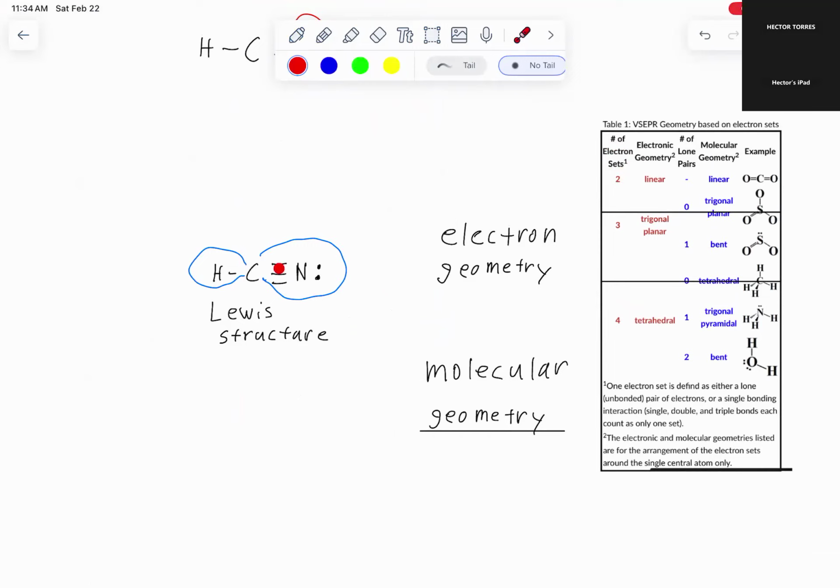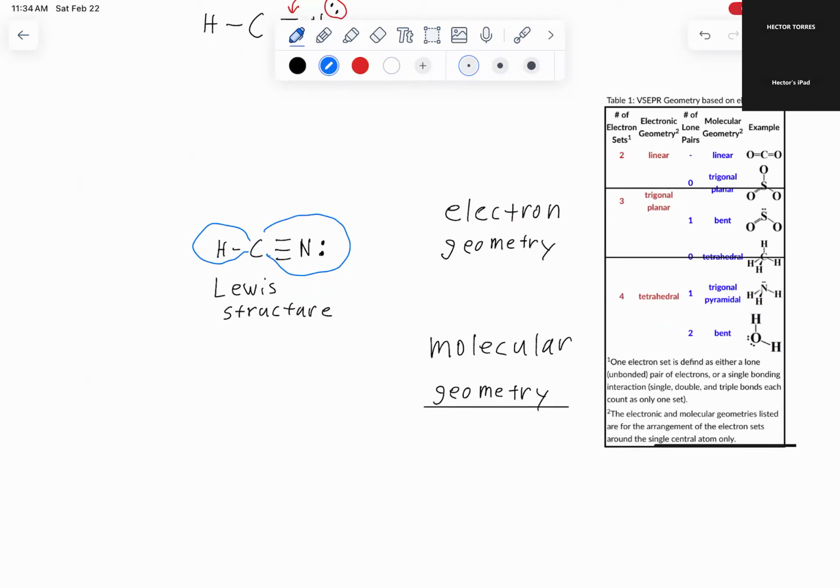Now we would think that each of these bonds makes 1. However, we're looking at electron groups. So between carbon and nitrogen, there is only 1 set of bonds, that triple bond counts as 1 set of electrons. And then the hydrogen carbon bond also counts as 1. So we are going to be looking at this group. So due to that, we know that our electronic geometry is going to be linear.